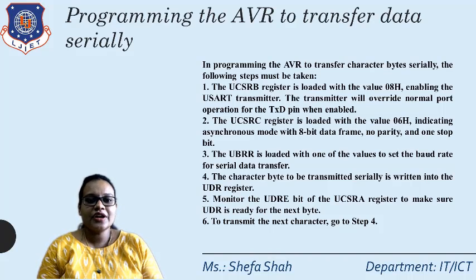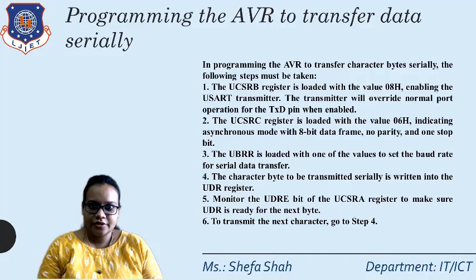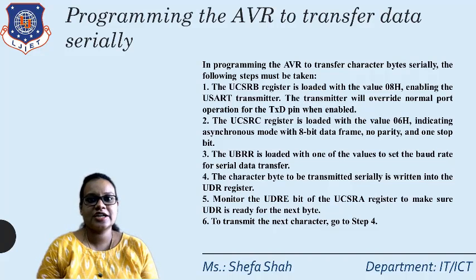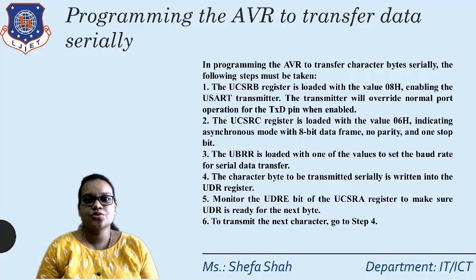First, the UCSRB register is loaded with the value 08H, enabling the USART transmitter. The transmitter will override the normal port operation for the TXD pin when enabled. So the first step is to load UCSRB, the control and status register B, with the value 08H.